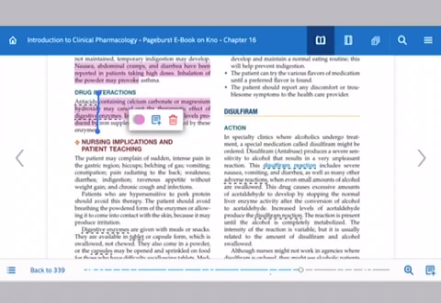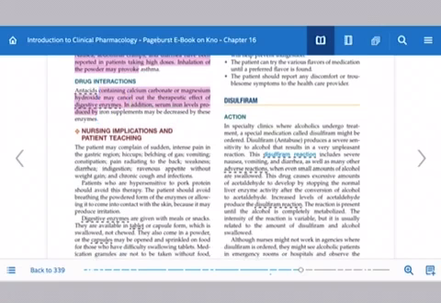So nursing implications, once again, patient history: find out about belching, gassing, hiccuping, vomiting, constipation, pain radiating to the back, weakness, diarrhea, indigestion. Make sure the digestive enzymes are being given with meals or snacks.